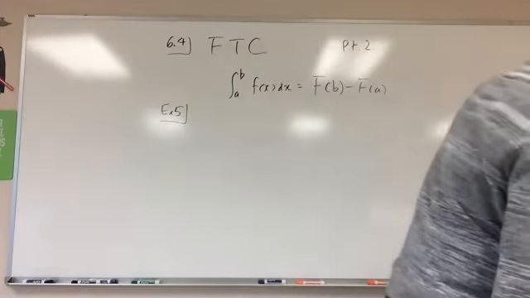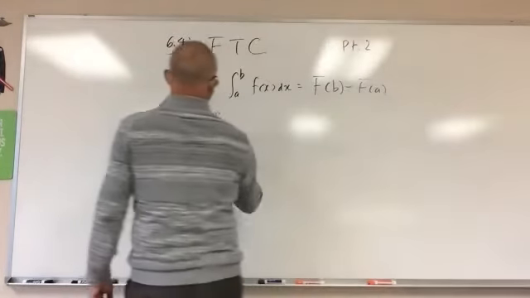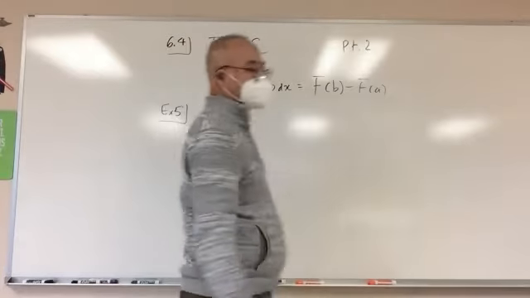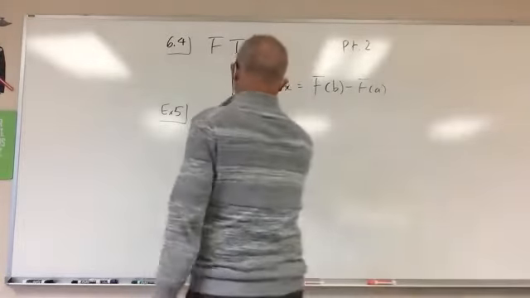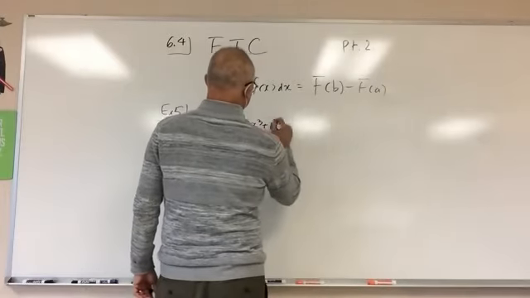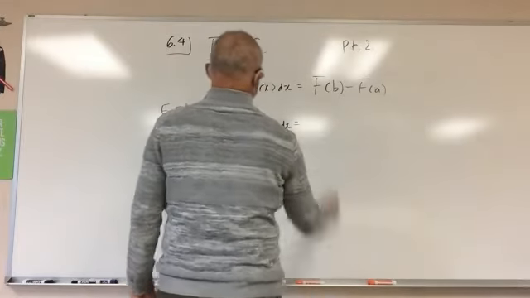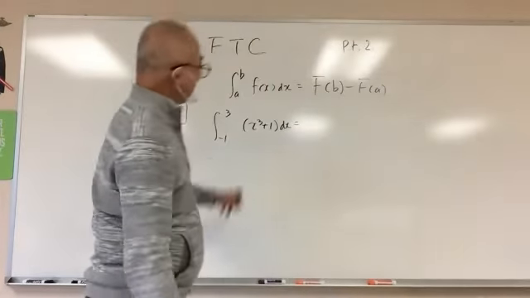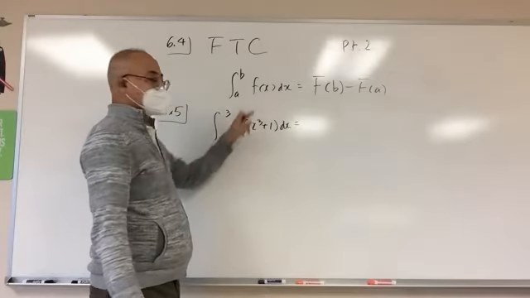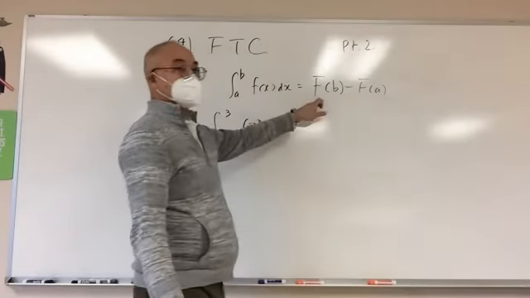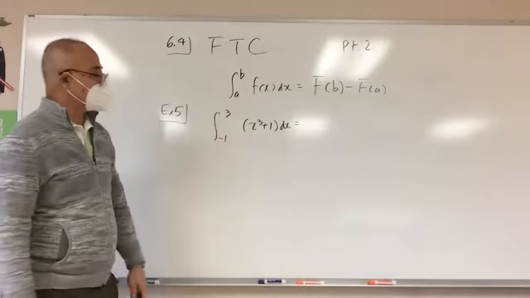We have evaluate the integral from -1 to 3 of x cubed plus 1 dx. So this is a small f of x, right? So we have to find the large F of x. What is the large F of x here?